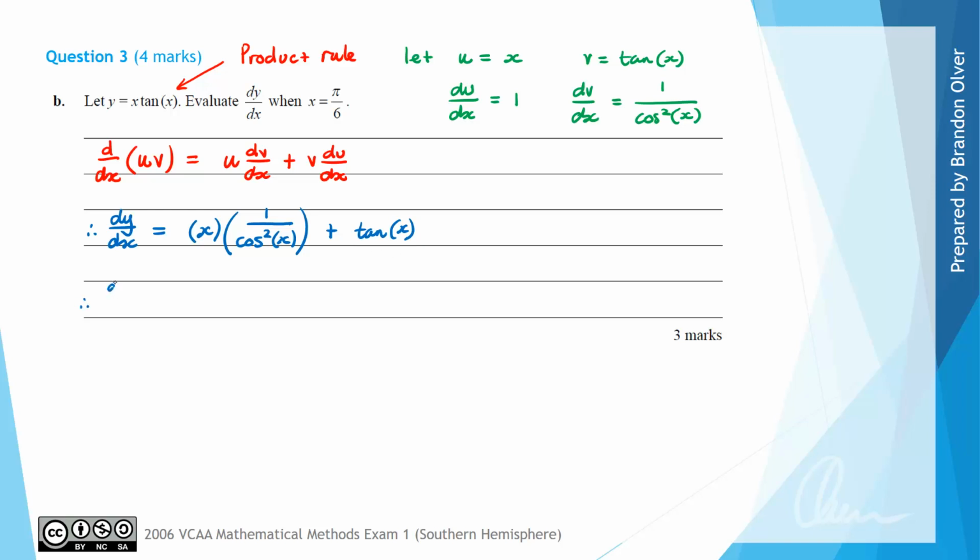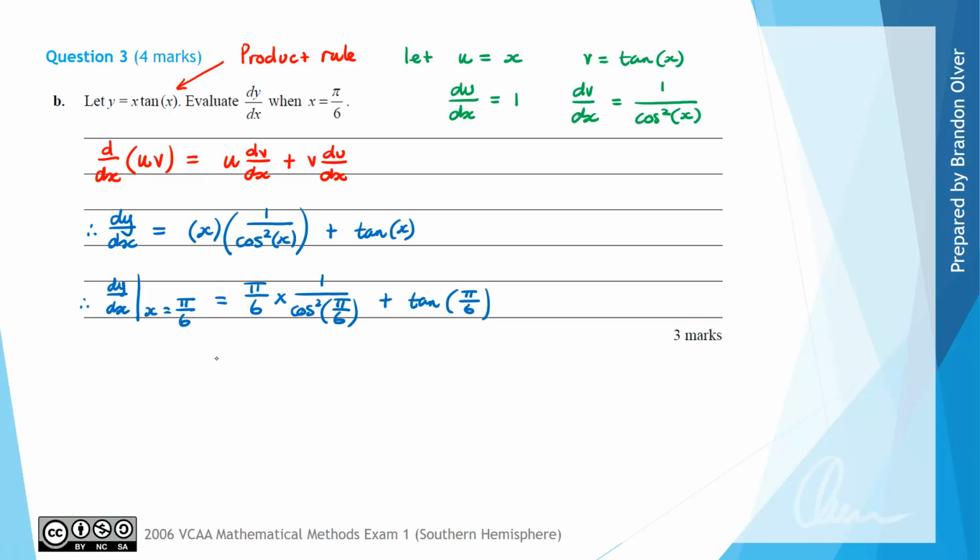Next we need to evaluate the derivative dy dx when x is equal to pi on 6. So that means we're just going to sub pi on 6 into the rule we had above. So we're going to have pi on 6 multiplied by 1 over cos squared of pi on 6 plus tan of pi on 6.